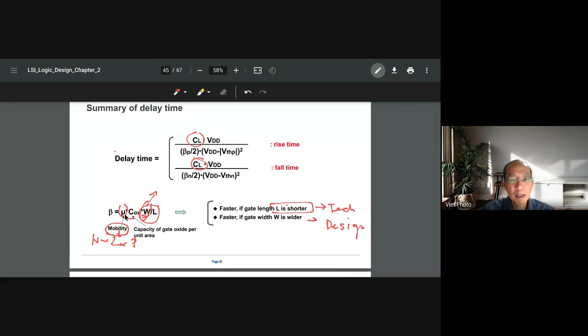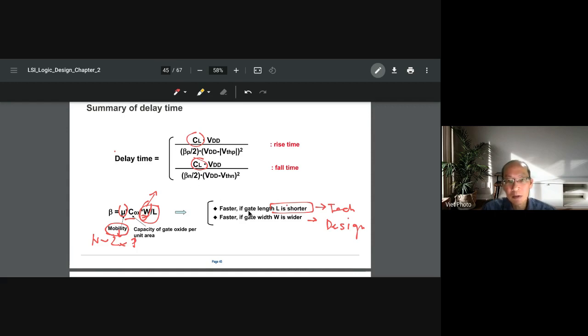The mu here is mobility, right? So beta, this. The only thing the designer can adjust to make the circuit faster is the width. Width here is in the denominator, right? Beta here is in the denominator. So if you increase the width, that means you decrease the delay, which increases the speed or the frequency.